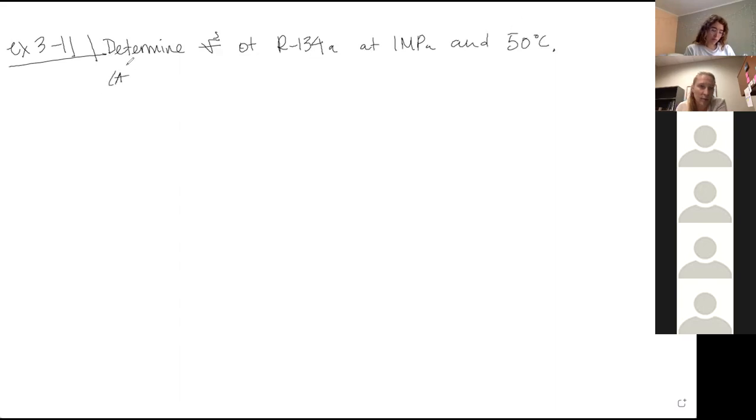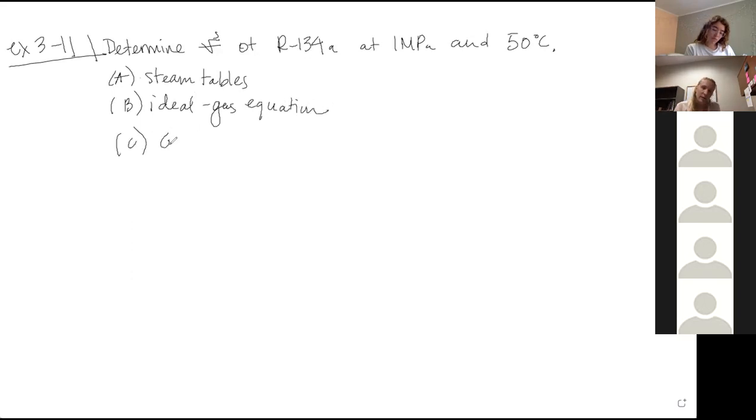And you're going to do the same thing. So for A, use the steam tables, which are the tables in the back of the book. B, use the ideal gas equation. And C, use the generalized compressibility chart. So you don't need to do error for this one.